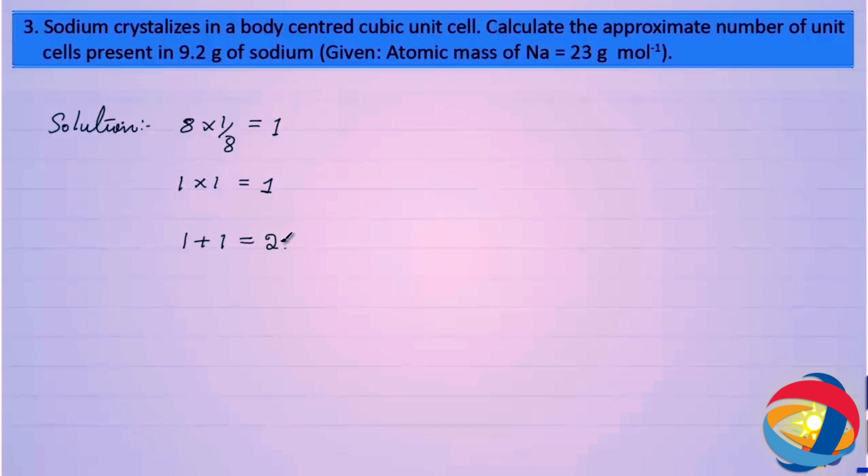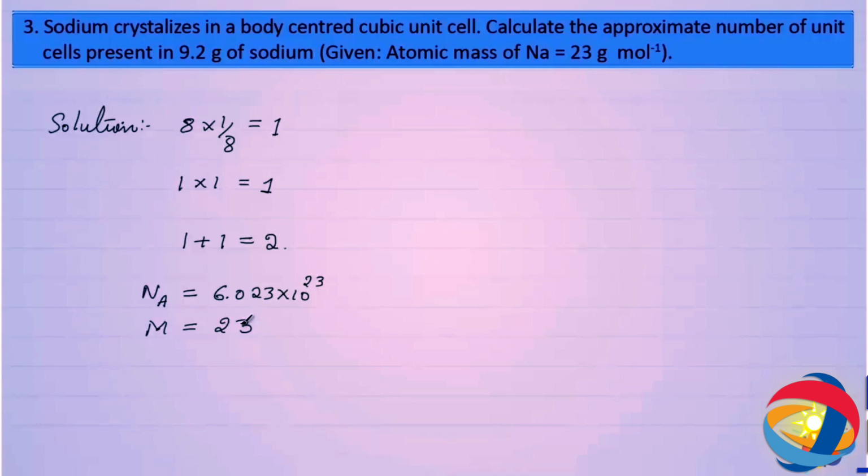And the number of atoms present in 1 mole of sodium is the Avogadro number of atoms, and we know the value of Avogadro number as 6.023 into 10 to the power 23. And the atomic mass of sodium is 23.